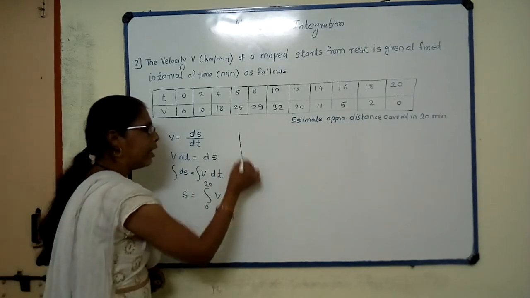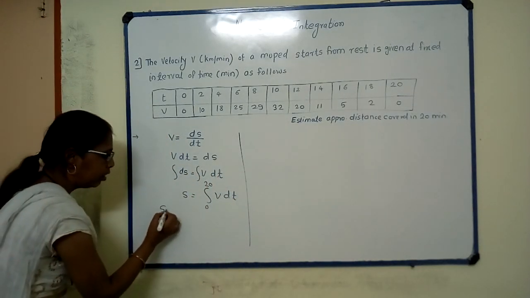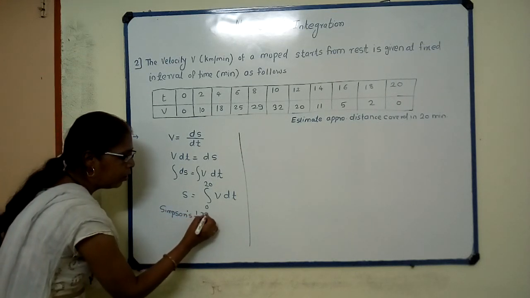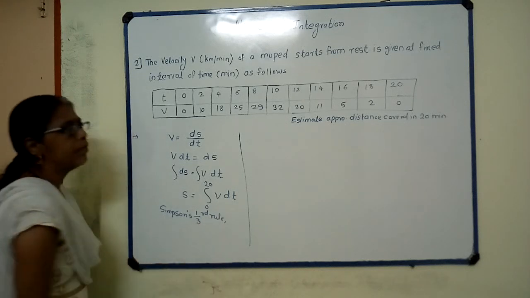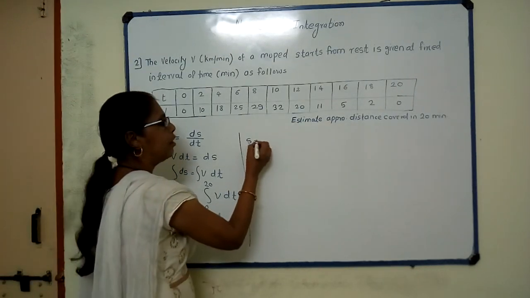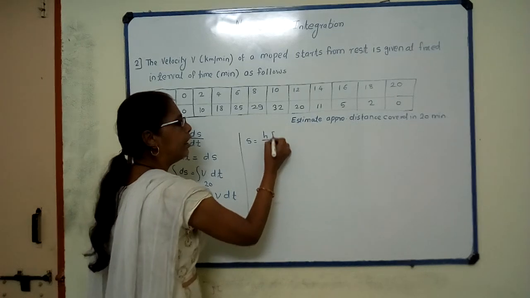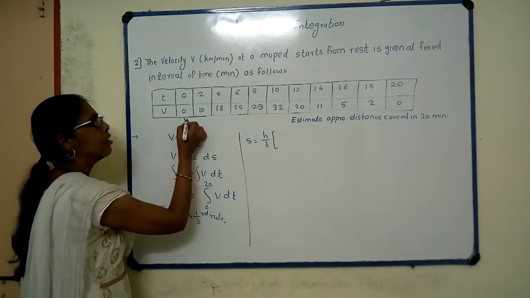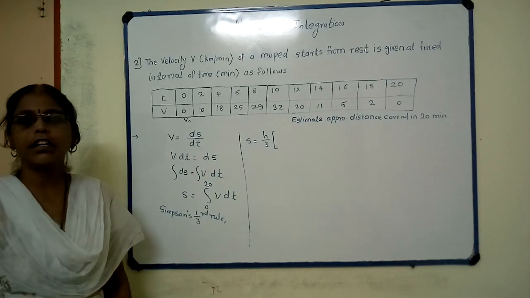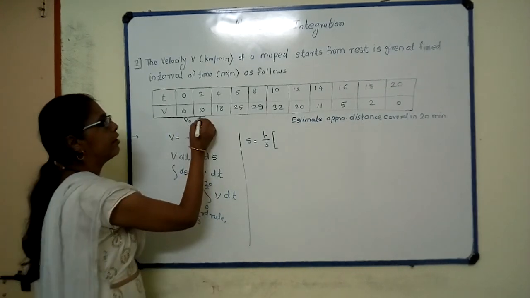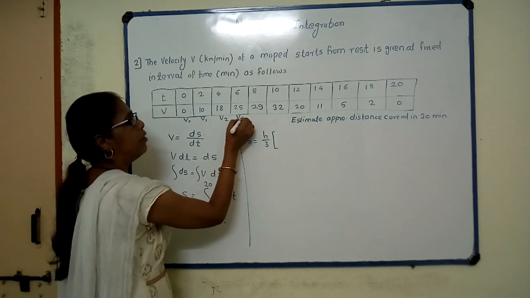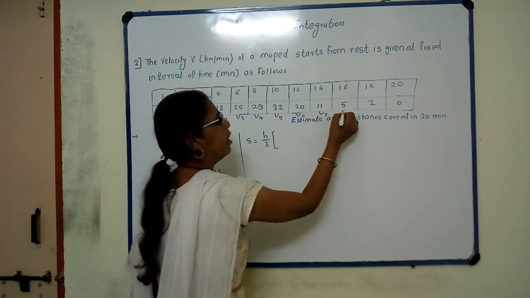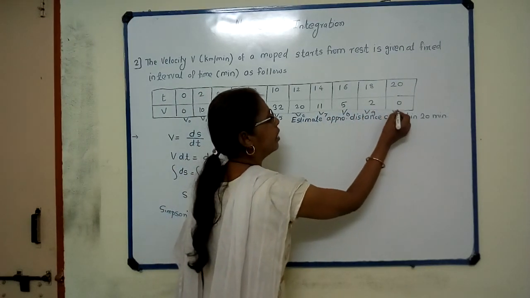Now let us apply Simpson's 1/3 rule. Firstly, the formula: s is equal to h upon 3 times. The first value is denoted by v0, next is v1, v2, v3, v4, 5, 6, 7, 8, 9, 10.